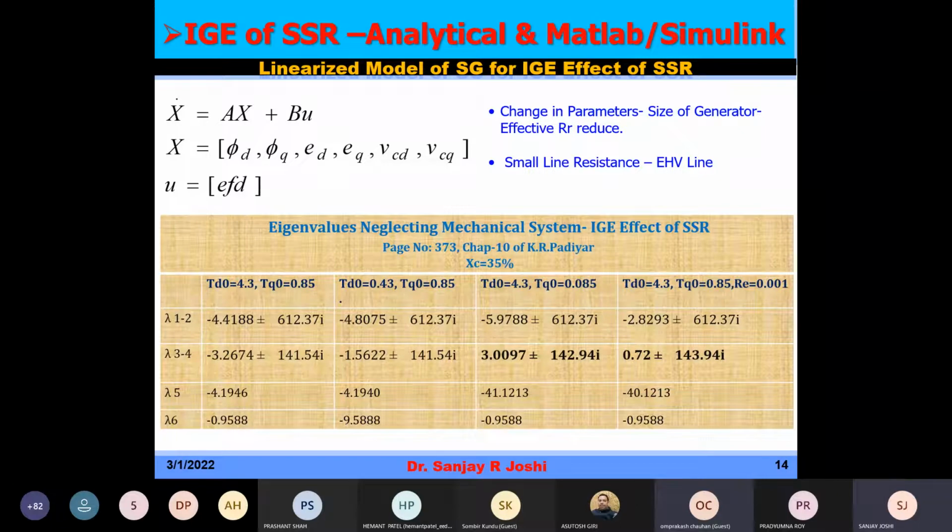This model is implemented in K.R. Padiyar's book, in chapter 10. The page is also given here for your reference so that you can use it later. The series capacitor is taken as 35%. So I will just go to MATLAB and run the program. First we will run the first column parameters, TDO 4.3, TQO 0.85.